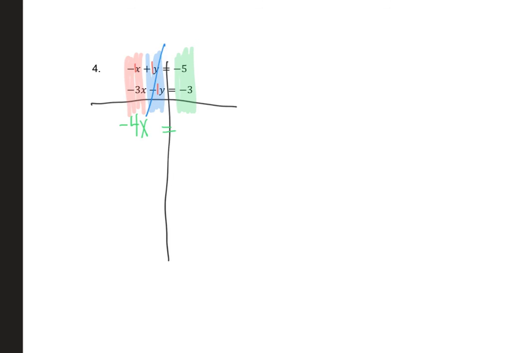So -4x. And again, with my constants or my number terms, I owe somebody $5 and then I owe somebody $3 more. I'm still owing them, and it's going to be -8. Divide both sides by -4 to get x alone, and I get x equals +2 because a negative divided by a negative is a positive.